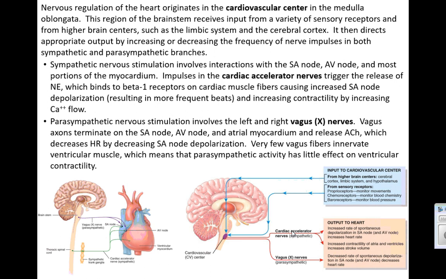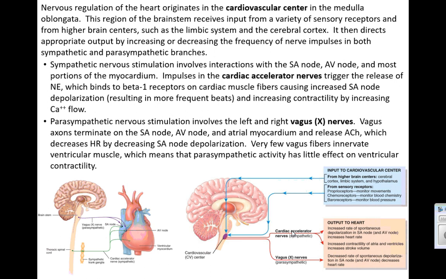It accelerates the heart, meaning it pumps more often, which means that heart rate is elevated. And so any increase in sympathetic increases heart rate. Any increase in sympathetic also increases stroke volume because it increases contractility. And therefore, cardiac output goes up as a result of the sympathetic nervous system.